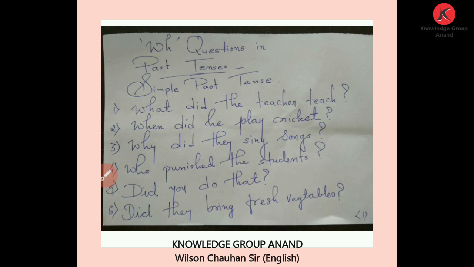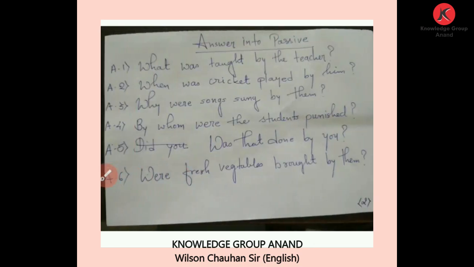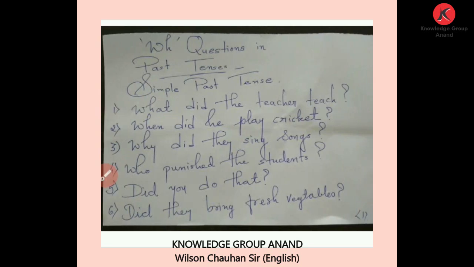We come back to the fourth sentence. The fourth sentence, dear friends, is: Who punished the students? Now, you know, my dear friends, whenever there is a question with who, while answering into passive, you are supposed to change it to by whom.